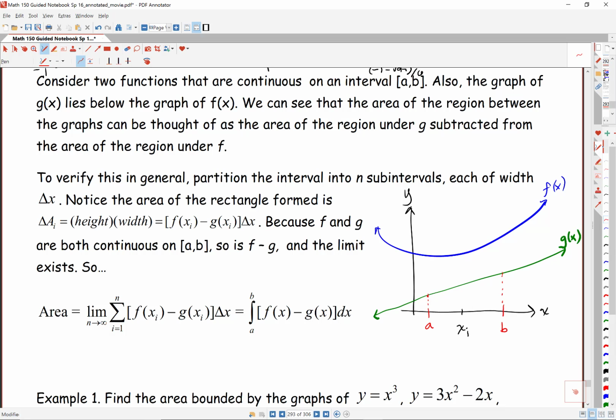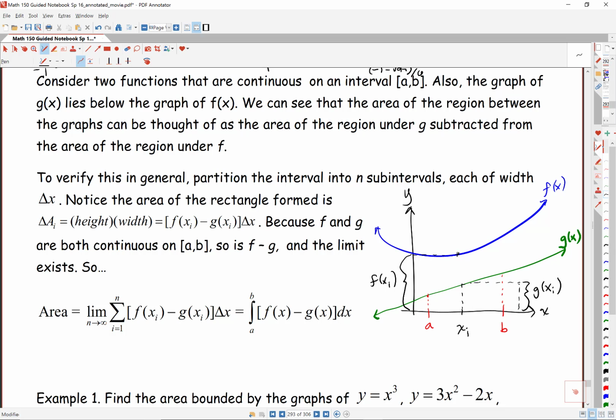If we take a look at xi, do you see that about here is where xi hits the graph of f? So this distance here is f of xi. And over here, xi hits the graph of g, so this distance here is g of xi.